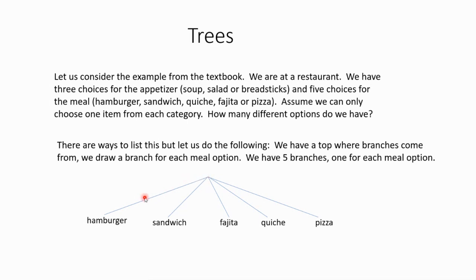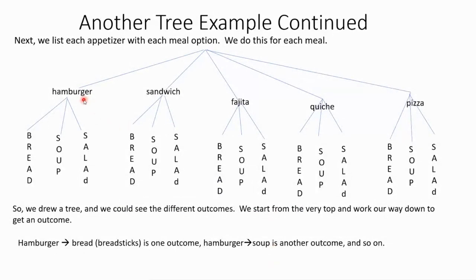So again, you make a branch from the starting point. I think they call this a root, but I don't know that for sure. You have a branch for each item in the meal category. There are 5 choices, as you can see. But that's not all, because from each meal, you can get an appetizer, and you have 3 choices for each.